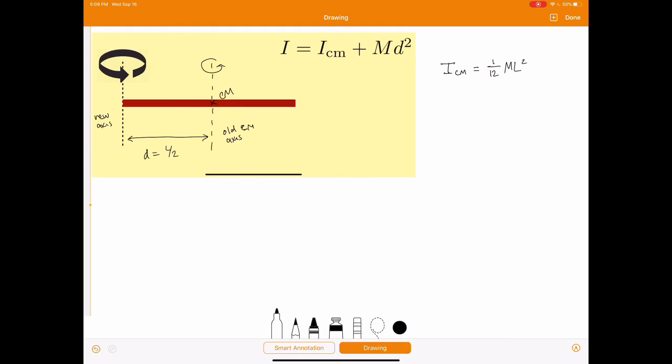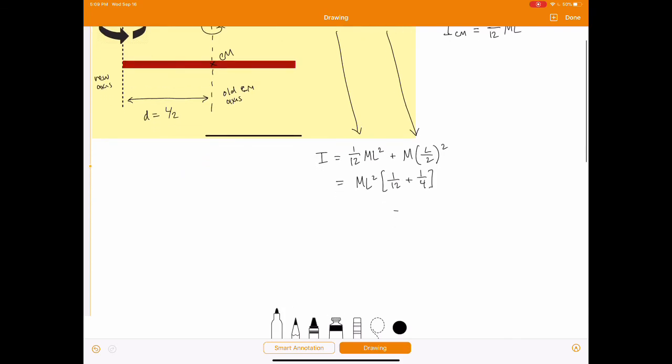So if we apply the parallel axis theorem, I is going to be I_CM, which is 1/12 mL squared, plus m times the distance, L over 2 squared. We have a common factor of mL squared in both of these terms. The first one is 1/12. The second is 1/2 squared, which is 1/4.